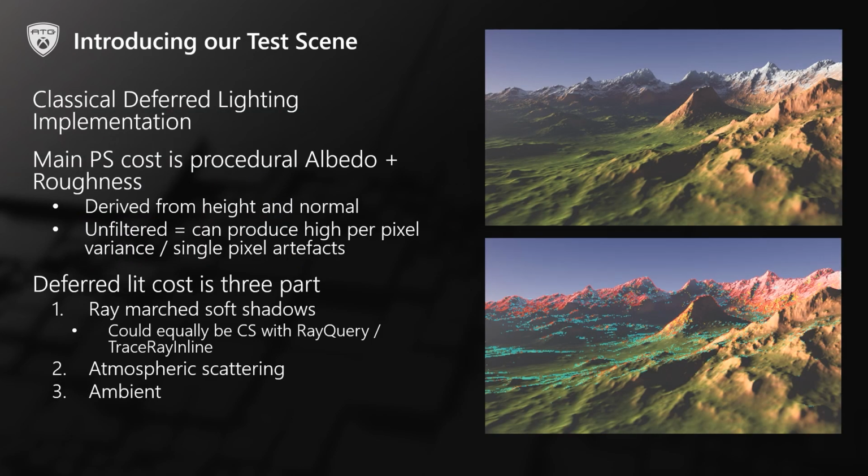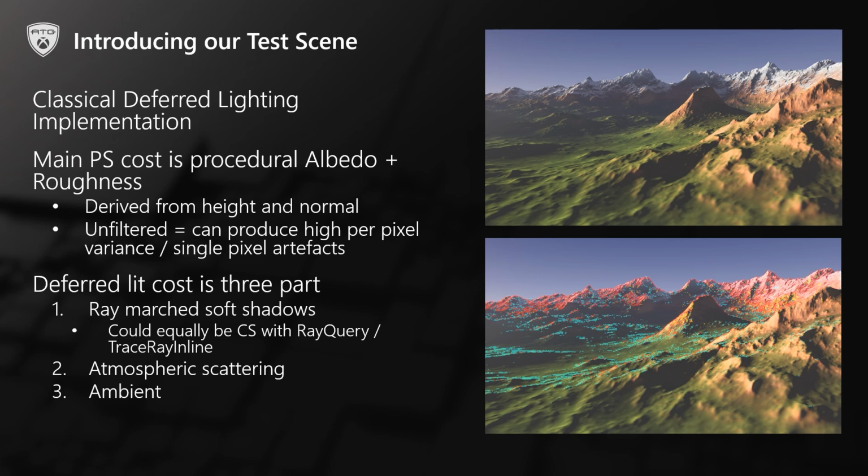So what this sample actually implements is fairly classical deferred lighting. The main cost of the pixel shader here is the procedural albedo, which is based off the height in world space and the normal.